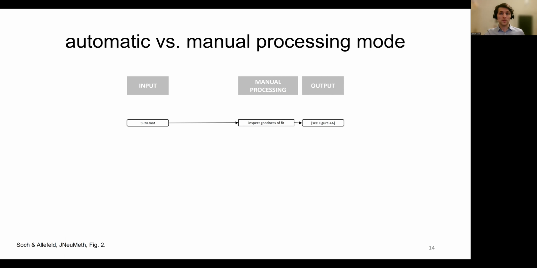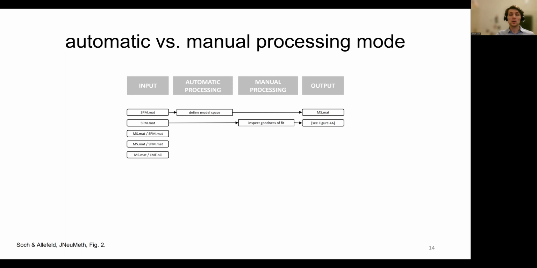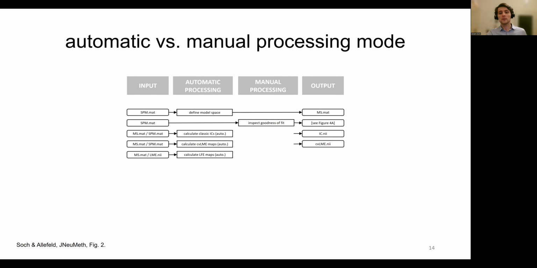In the automatic processing mode, you would first collect all the SPM.mats from all models applied to all subjects, and then define a model space file, ms.mat, which can be used as an input to several different operations, basically all the features that are implemented in the toolbox. And you then get the output for each model applied to each subject automatically.